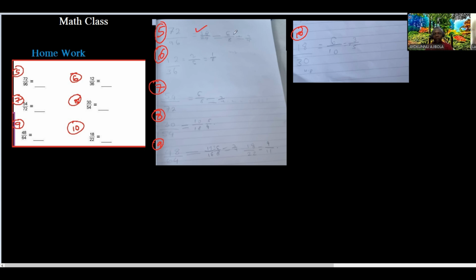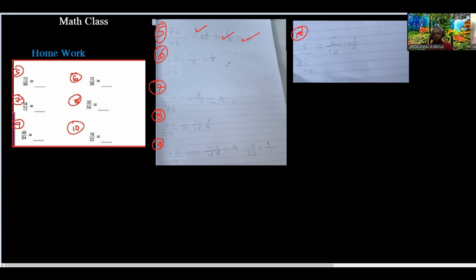And if I divide 18 over 24 by 3, I have 6 over 8, right? Then if I divide by 2, I have 3 over 4. That means your answer is correct for number 1.